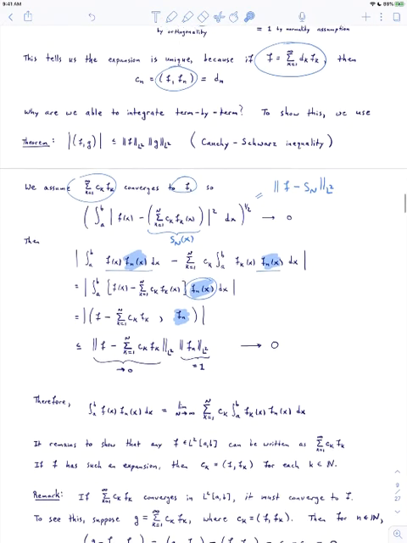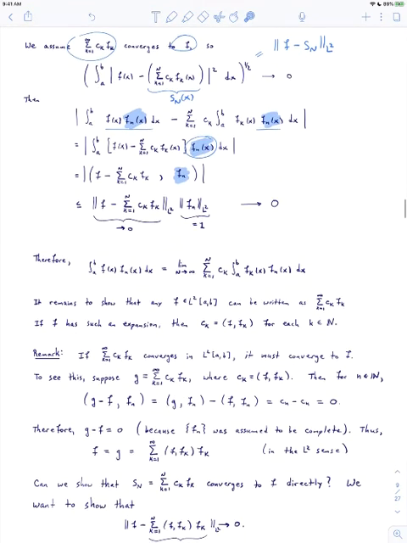So we know that if f can be represented as a series in this way, it can be represented in only one way. But it remains to show that any f can be written as a series this way. If f has an expansion, the sum k equals 1 to infinity of c_k f_k, then we know what the coefficients are. c_k is equal to f inner product with f_k.